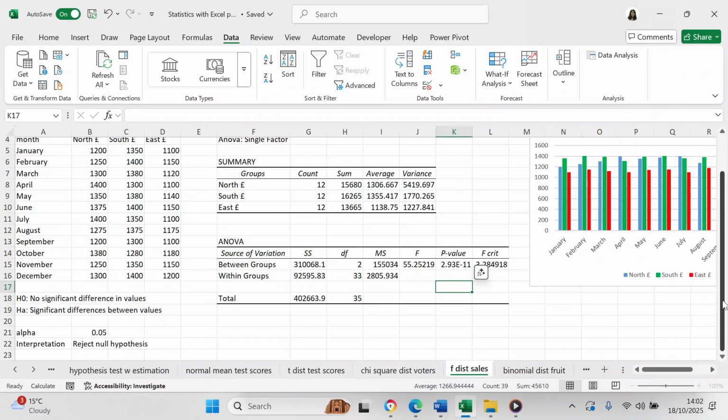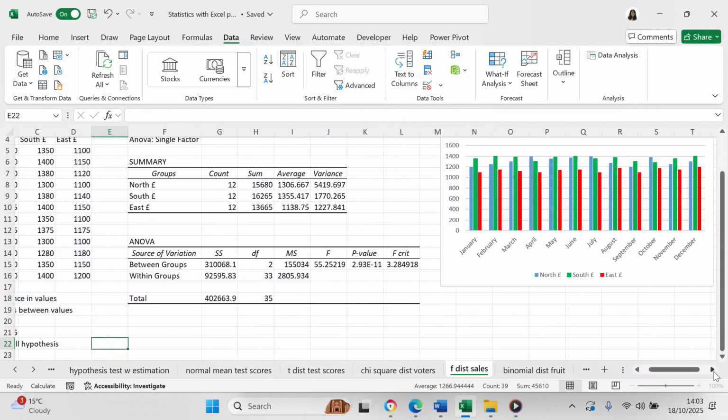Your alpha is 0.05, that's your significance level, and then we've got our interpretation. If K15 is less than B21, then you reject the null hypothesis. Otherwise, you fail to reject the null hypothesis. And since this P-value is definitely less than 0.05, the null hypothesis is going to be rejected.